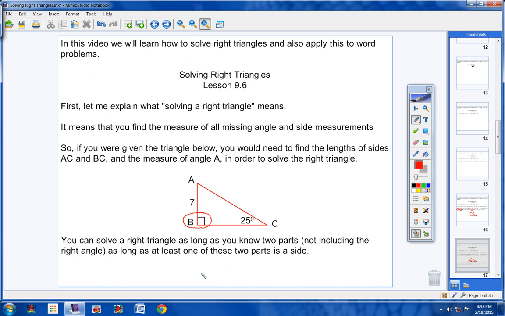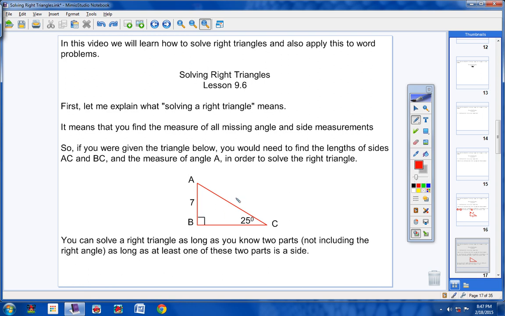Do you understand that? So, you can solve a right triangle as long as you know two parts, as long as at least one of these parts is a side. When you go to solve a right triangle, you have to know at least two other parts besides the right angle, and at least one of those parts has to be a side.